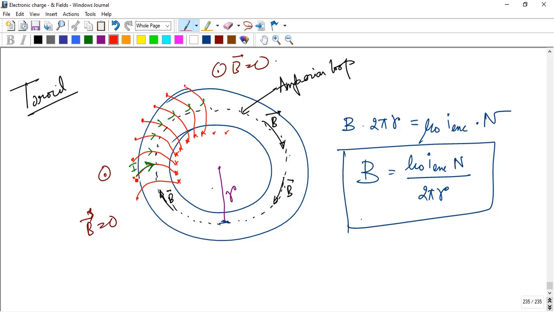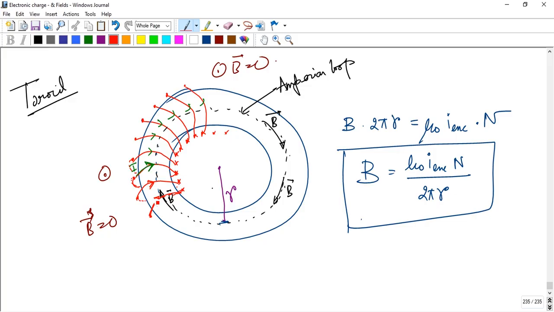The drawing is not good, but behind it, it looks like dots, and the back has similar dots and crosses, and the current direction is in that direction.